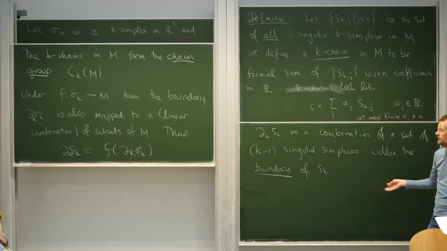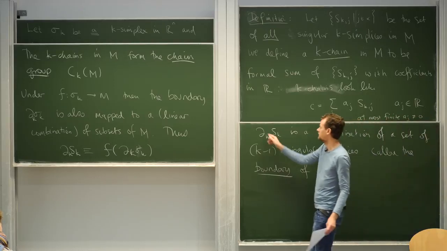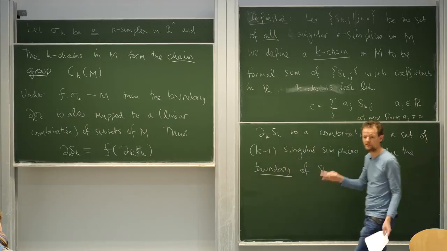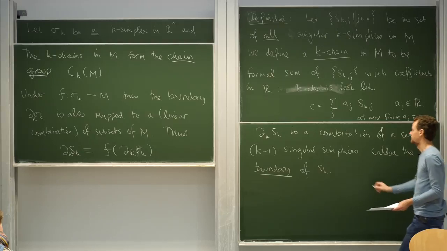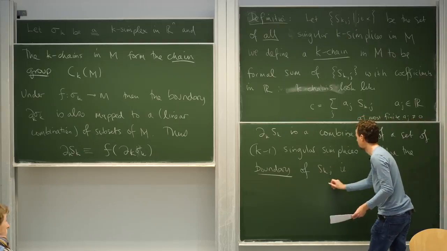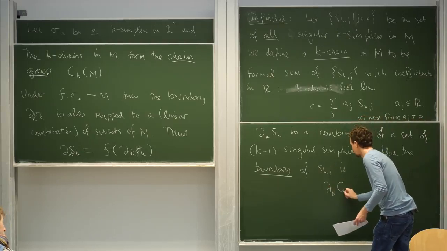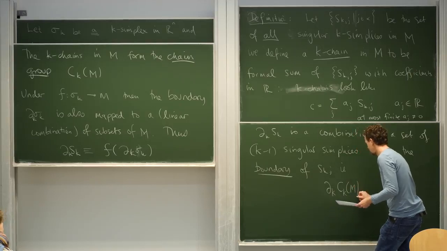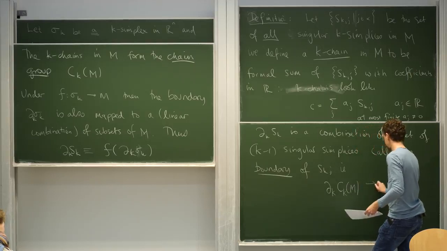So it tells us that delta_k is a well-defined map on these chain groups.